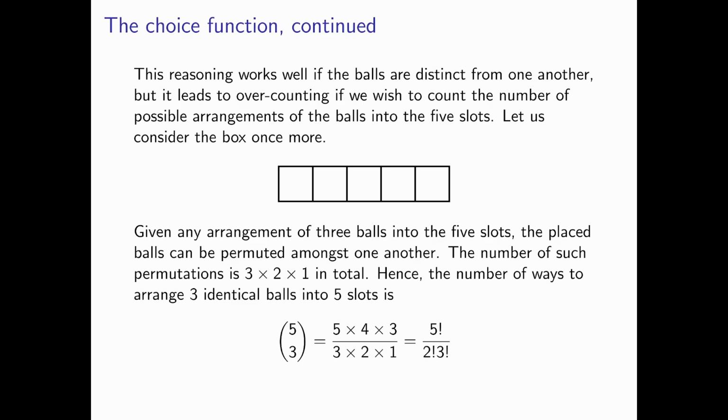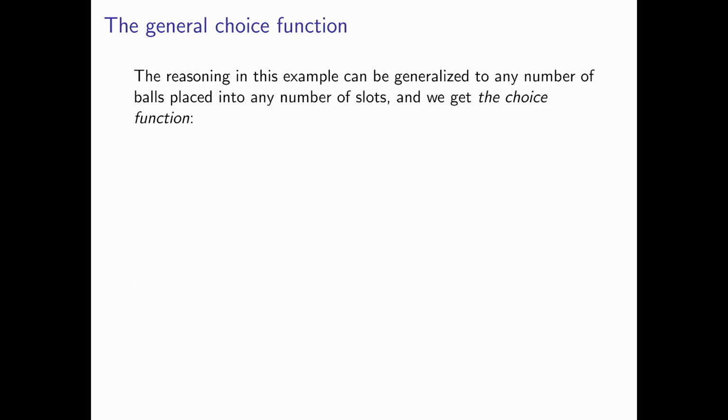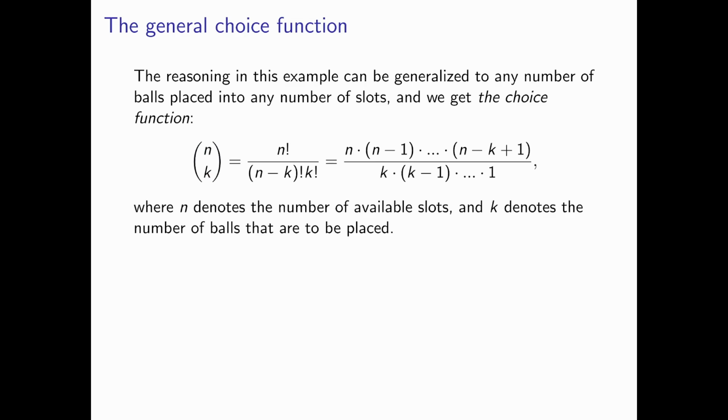So all of this can be generalized to any number of balls and any number of slots, and we get what's known as the choice function, written in the following way. And we say that this expression is called n choose k. And by definition, it's equal to n factorial divided by n minus k factorial times k factorial. And this can also be written in the following way.